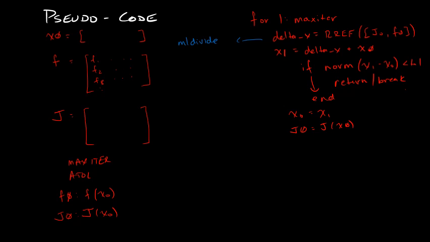And then finally, I have a new f0 as well. You could do that in a different order. It looks something like that. And that should be the pseudocode to approximate the solution to a system of nonlinear equations.